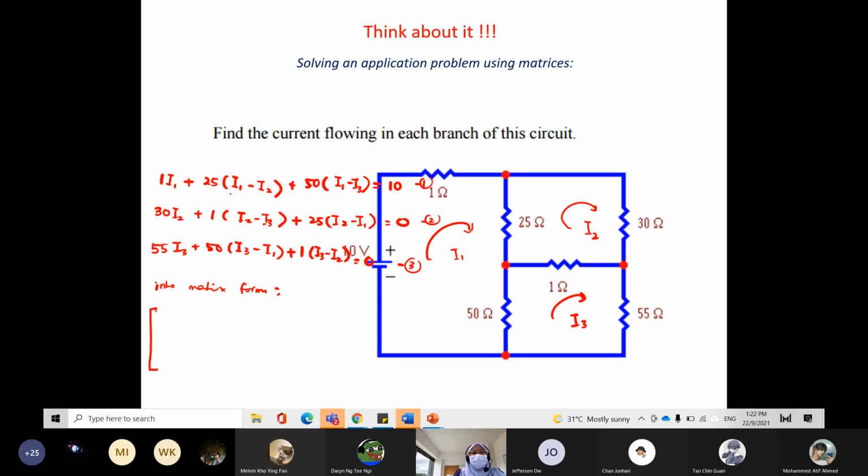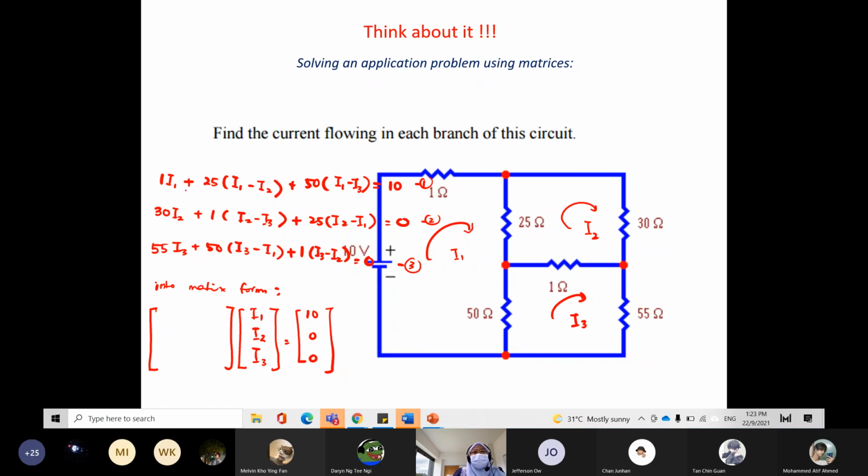So this one you have I1, I2 and I3 equal to 10, 0, 0. Okay, so please check again about the plus minus sign.